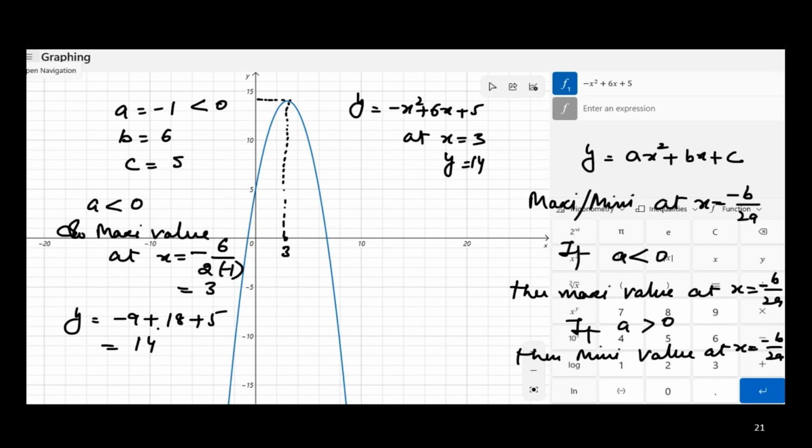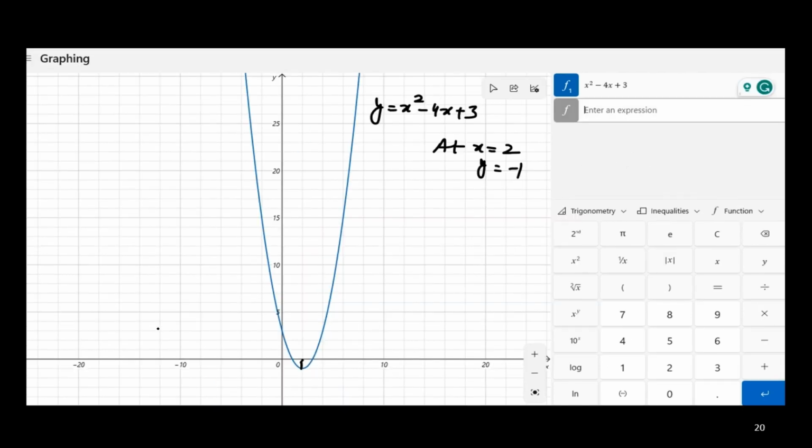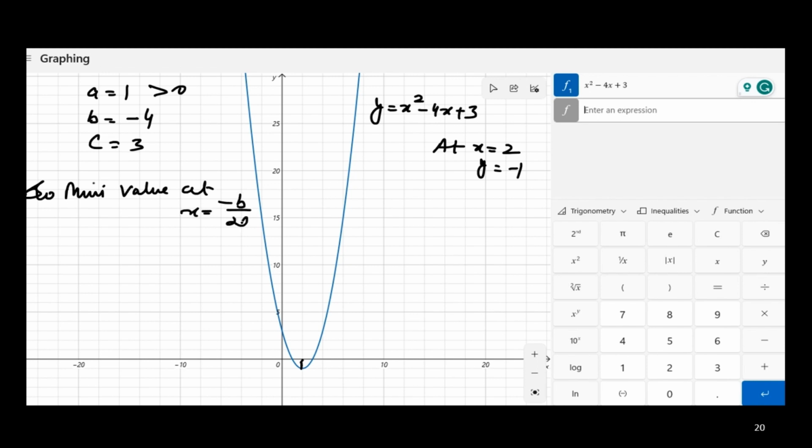Can we check the same with the previous example? Check here. In this, a is 1, b is minus 4, and c is 3. Because a is positive, the minimum value is at x equals minus b by 2a, minus minus 4 upon 2 into a, 1.